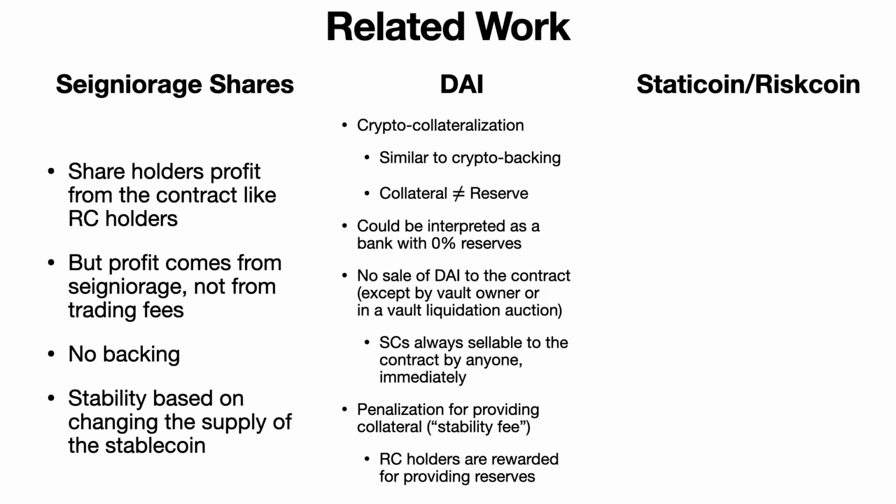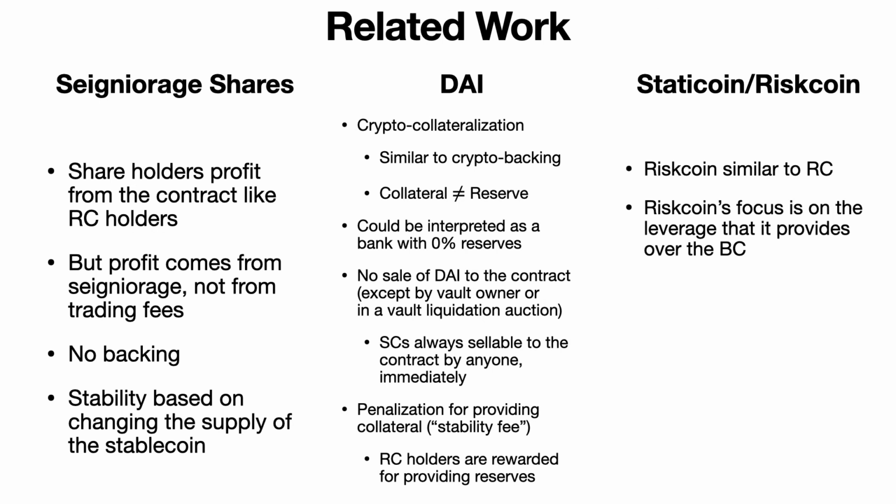Another one that was highly influential for us was static coin and risk coin, and it was probably the most influential of these 3. So a risk coin is similar to a reserve coin. One difference is that the risk coin's focus is on the leverage that it provides over the base coin.